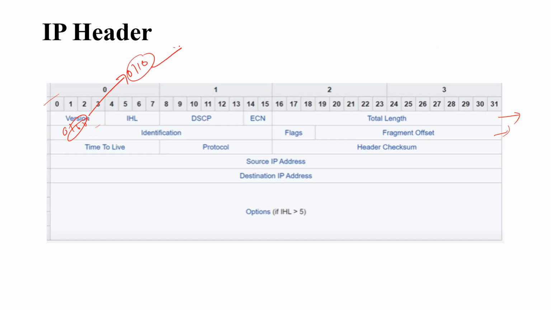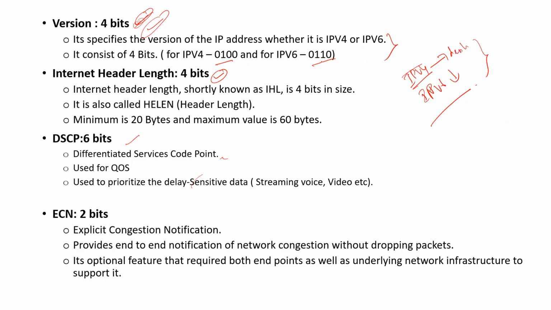If you convert these into decimal format, using the place values 8, 4, 2, 1, 0100 is 4 and 0110 is 6. So the version for IPv4 is 0100 and for IPv6 it is 0110.